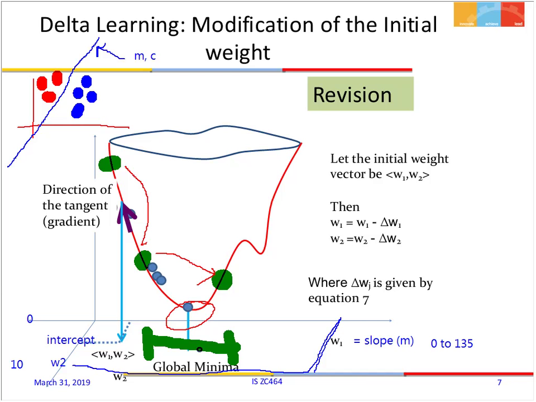On the W1 axis, you can see that I'm typing 135. That shows that the range of slopes is 0 to 135. So with the same procedure, W1 will be obtained by taking the initial random weight minus delta W1. This delta W1 will be obtained by using the same expression that we used earlier.